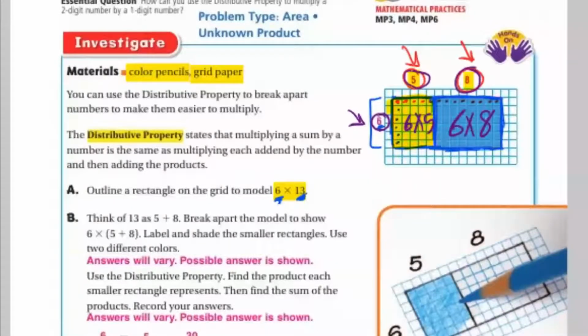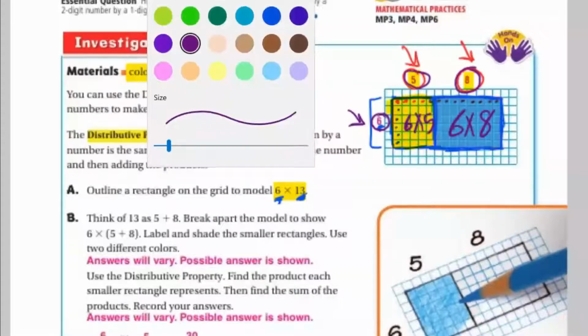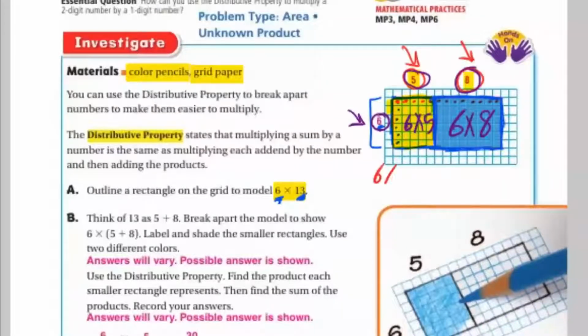After that we have 6 multiplied by 5. Rewrite it here, 6 multiplied by 5, and put it between brackets and make a plus here to add the other board to it. The other board is 6 multiplied by 8, right?